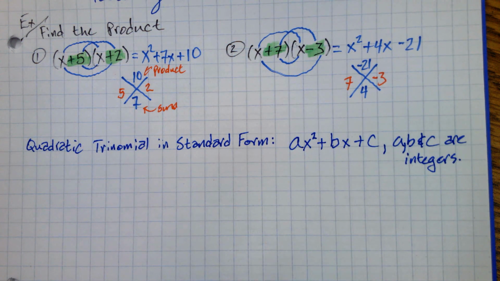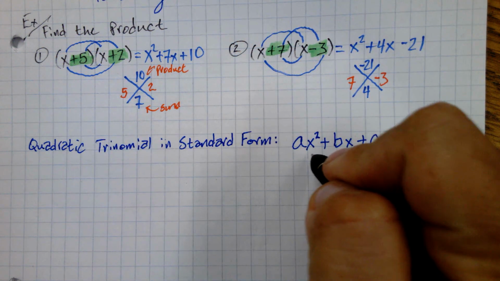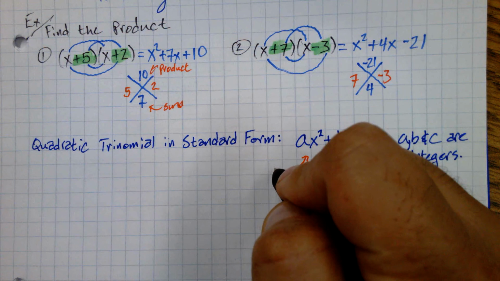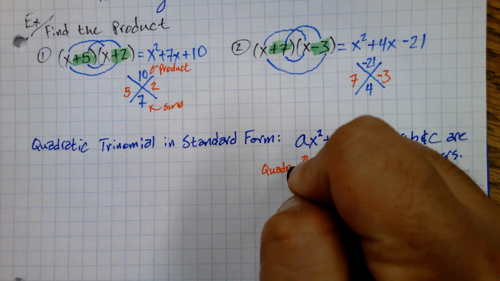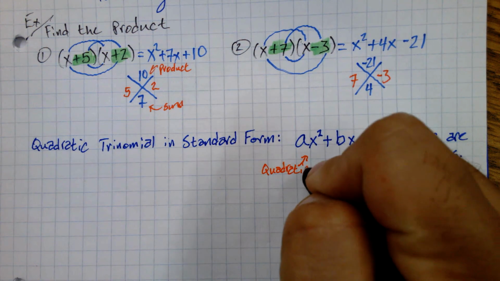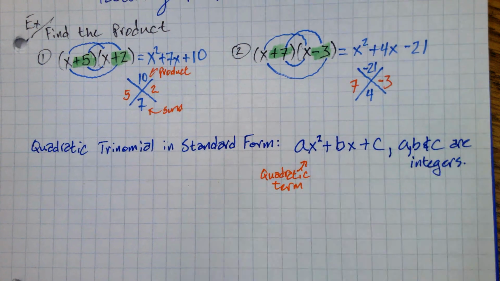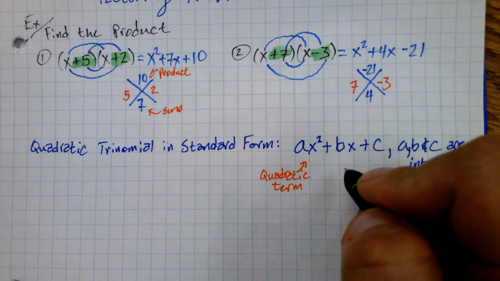And then we're going to give each of the terms a name. Okay? So the ax squared is known as the quadratic term.